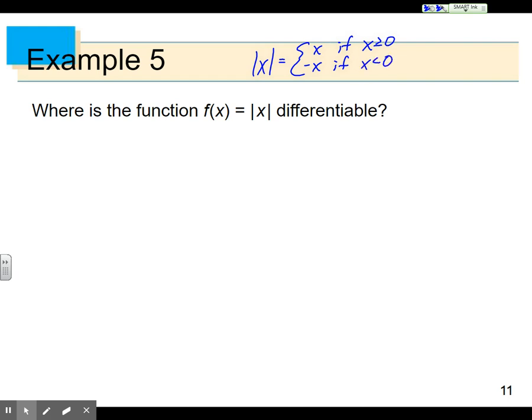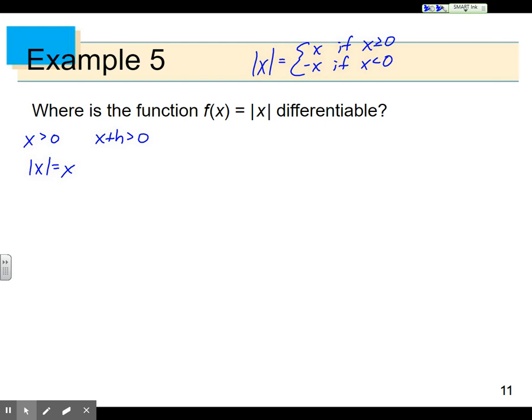Okay, so I'm going to take the idea that x is greater than 0 first. And since h is so small, h is going to be approaching 0, let's go ahead and assume that if I add h to it, it's also still going to be greater than 0. So if x is greater than 0, that means I'm pulling my equation off the top piece.